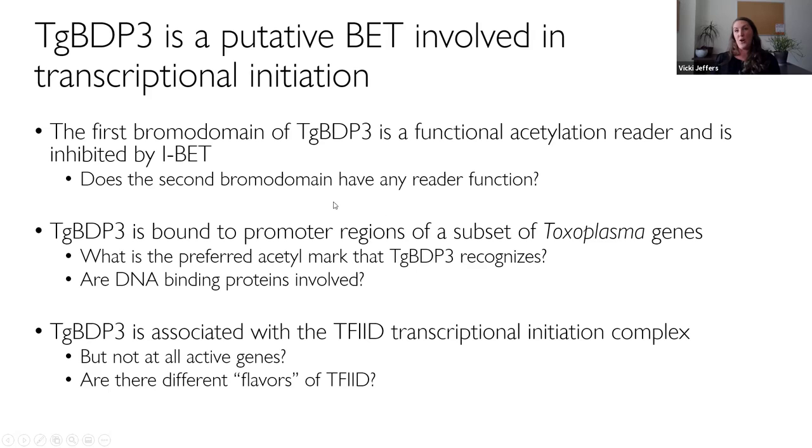We really don't know what the second bromodomain is doing. We weren't able to observe any histone acetylation recognition function of that second bromodomain, so we're still working on figuring out what that might be. We don't know what histone mark BDP3 really prefers to bind in vivo. And we don't know if DNA binding proteins are involved in that selectivity of BDP3 binding for certain promoters.